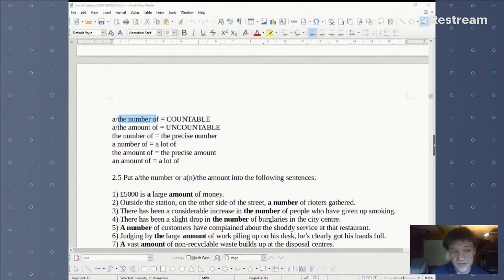But it really is the case that amount is for uncountable, and it makes sense to me. Amounts are usually uncountable. So we say the amount of money, the amount of time, the amount of work, but we say the number of times, because times are countable. The number of people, not the amount of people. The number of cars, not the amount of cars.